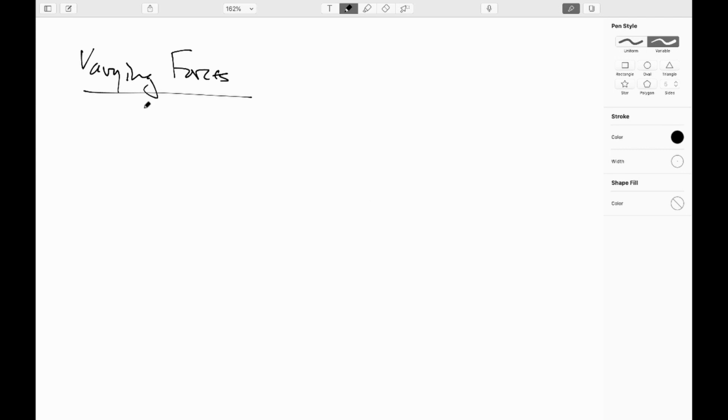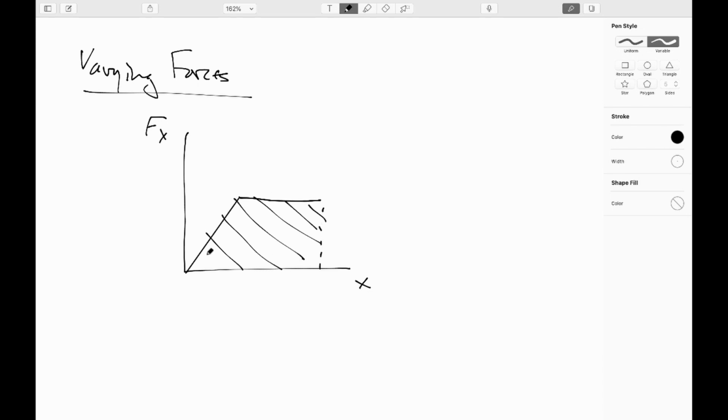In this case, what you'll have to do is, say if the motion is happening in the x direction, you'll have to plot the x component of the force, say it looks like this, as a function of the position, and then you'll have to find the area under the curve.